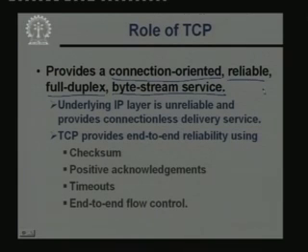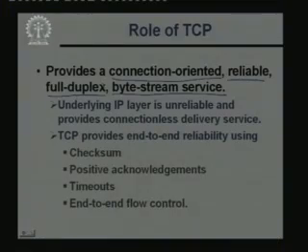This means that the two end hosts will have to establish a connection before data communication can start. Communication is reliable. Reliable meaning even in case of some failure or some packet loss, TCP will try to recover from that failure and regenerate the packet, retransmit it if necessary. Full duplex means bidirectional, and byte stream means to the applications the messages which are sent and received appear as if they are a stream of bytes.